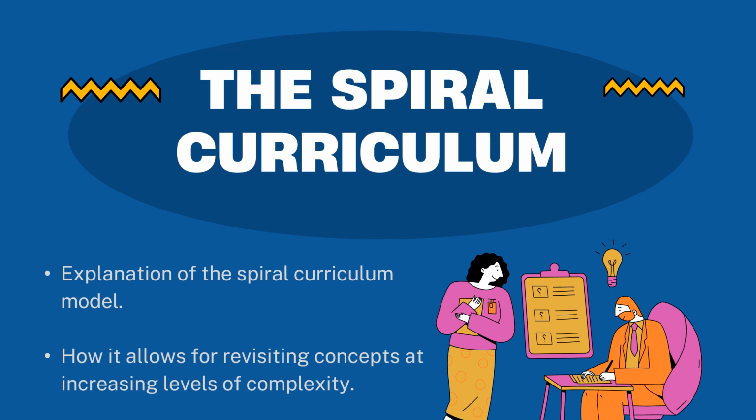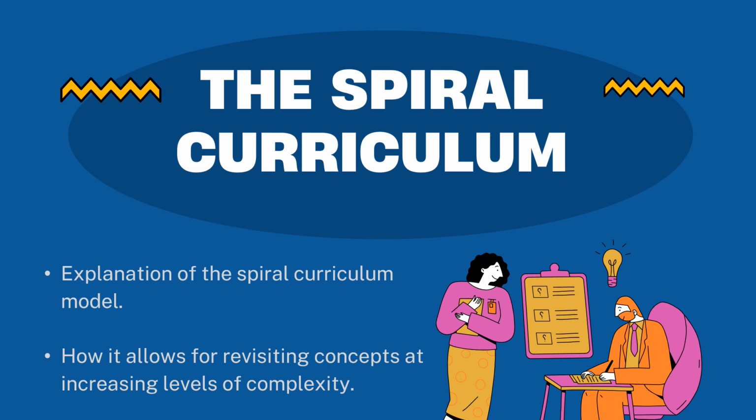As they progress in their education, they revisit the concept of matter, but at a deeper level, probably learning about atomic structures, states of matter, chemical reactions, and even quantum theory, thereby deepening their understanding. Each return to the topic introduces more complexity, reflecting the students' increasing cognitive abilities.